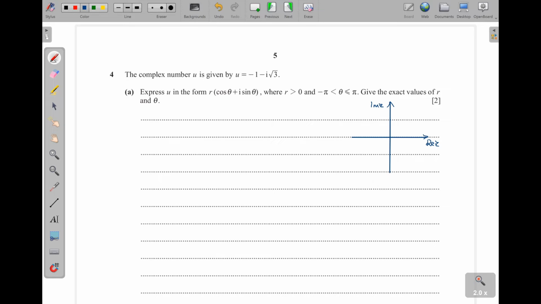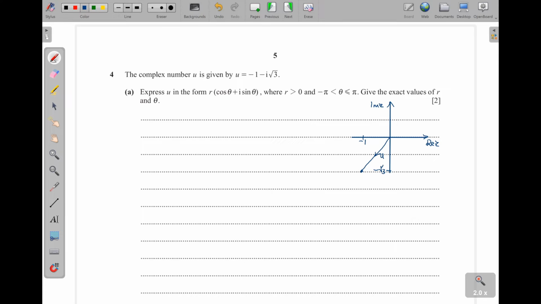We have -1 for the real, and -√3 for the imaginary. Where they coincide, the complex number is here. That is our u.